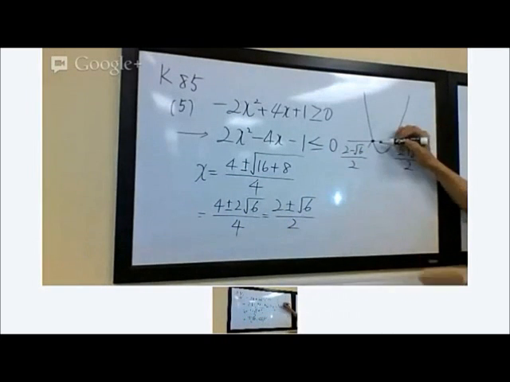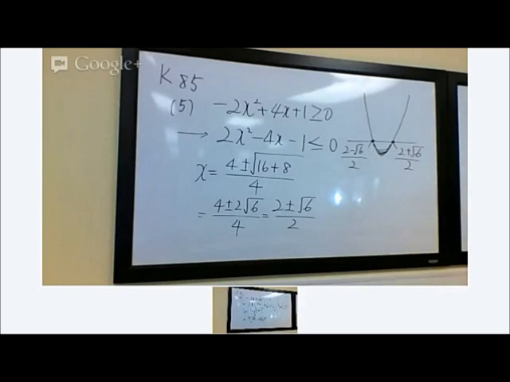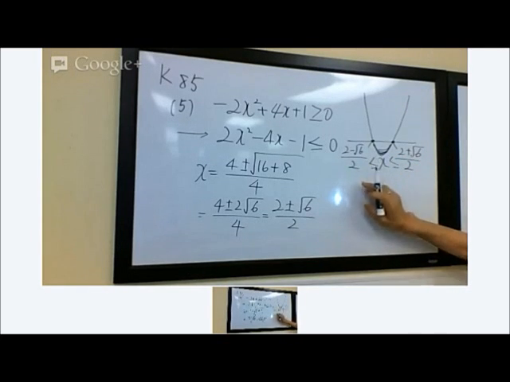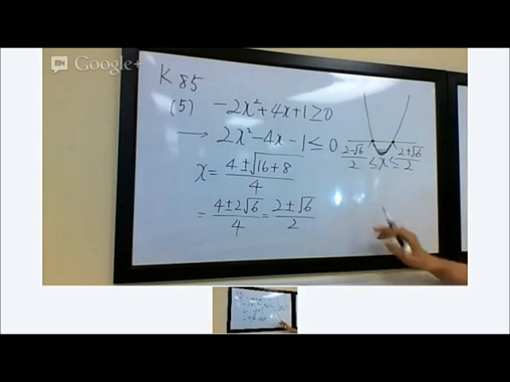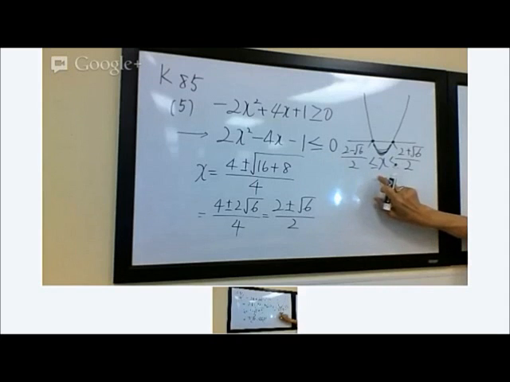So that's why this graph needs to be here. This part is the answer. Okay? So x is between these, with the equal sign on both because there is an equal sign here. That is the answer.